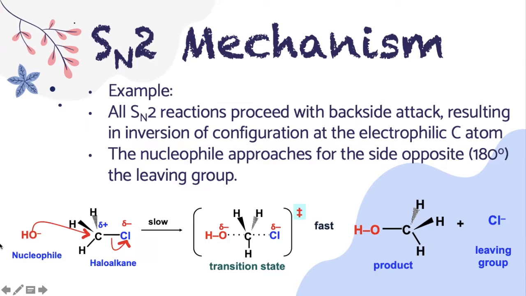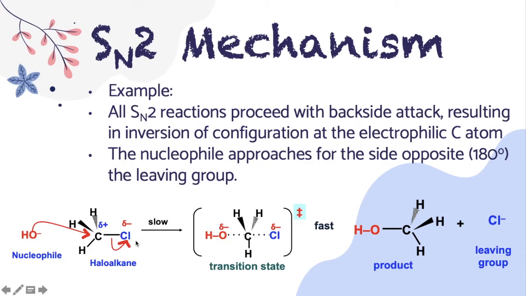No, it will attack from the back. The nucleophile approaches from the side opposite the leaving group. We know the halogen is the leaving group on the right side, so the nucleophile will attack from the opposite side.